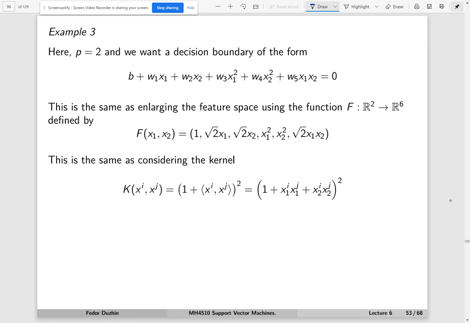So let me just rewrite this. This is the square of the sum of three terms, so it is going to be 1 plus... let me write k of x and xi, where x is a new observation, new data. Which means that I'm going to replace xj in the formula for the kernel with just x.